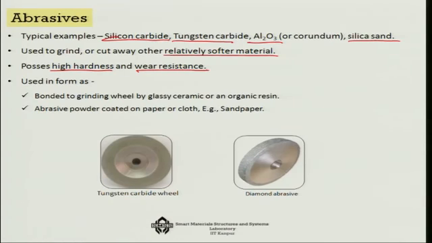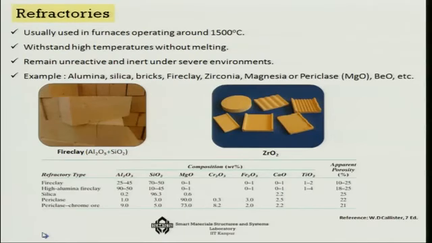They are used in the form of, for example, abrasives bonded to a grinding wheel by glassy ceramic or an organic resin, something like a tungsten carbide wheel, or abrasive powders coated on paper or cloth, something like sandpapers. So, in the form of abrasives, they have very large applications for sharpening or shaping or making smooth the texture of various types of products.